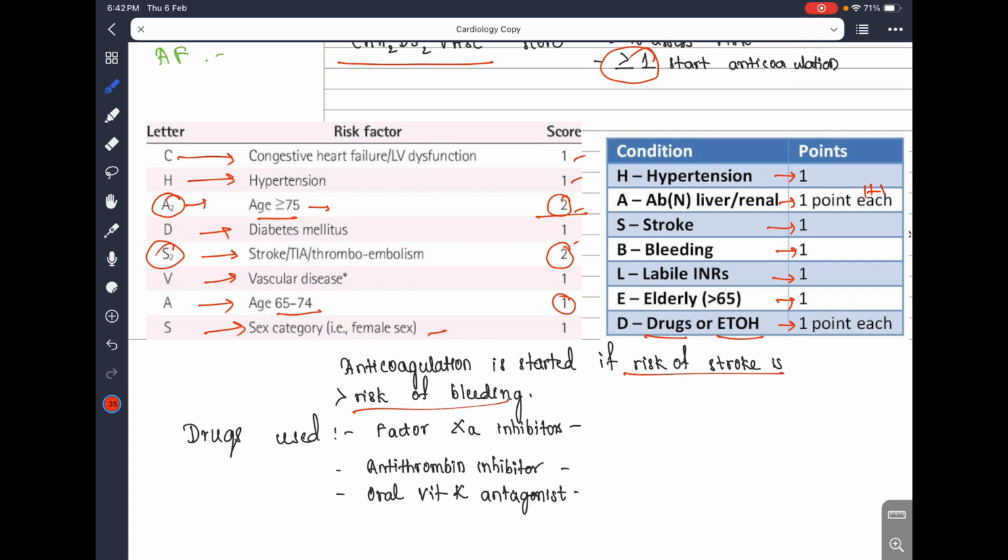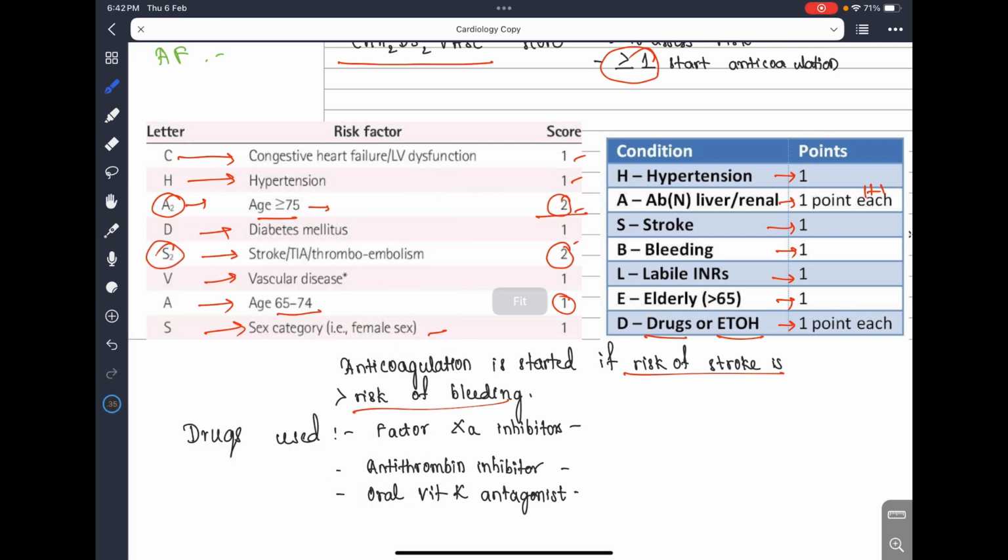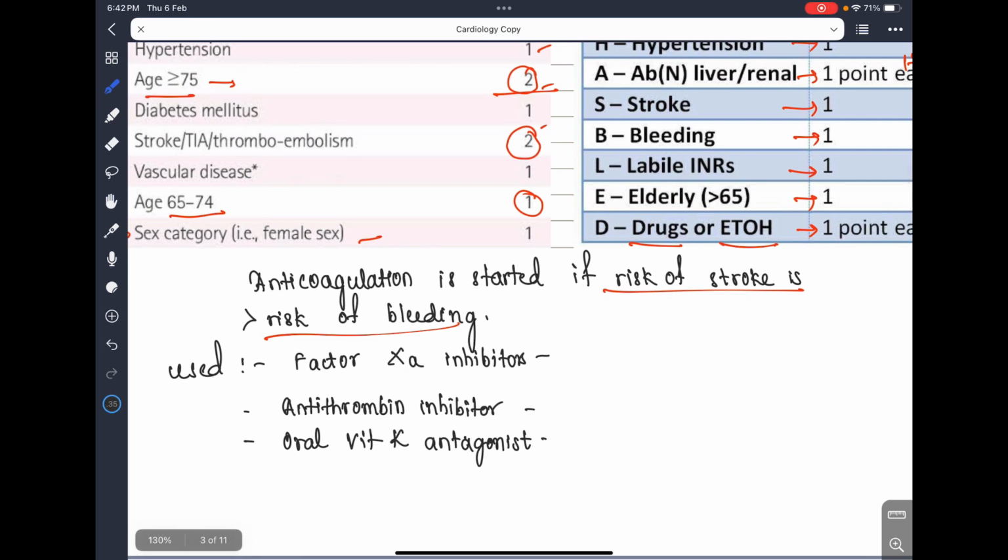Now, which are the anticoagulants that you can use? You can start the patient on factor 10A inhibitors. Factor 10A, remember, 10A has XA in it. Apixaban, rivaroxaban, edoxaban.